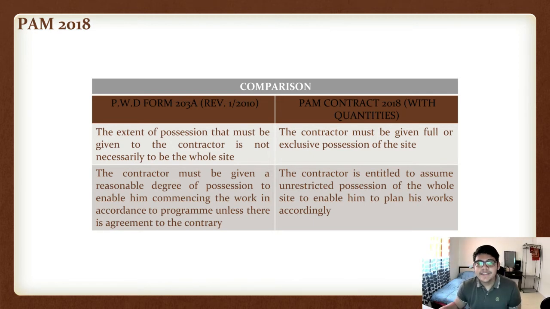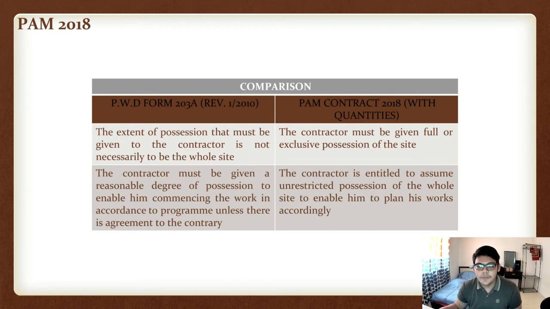The second difference is that for the PWD form, the contractor must be given a reasonable degree of possession to enable him to commence the work according to the program, unless there is agreement with the contractor. For the PAM contract, the contractor is entitled to assume unrestricted possession of the whole site to enable him to plan his work accordingly.